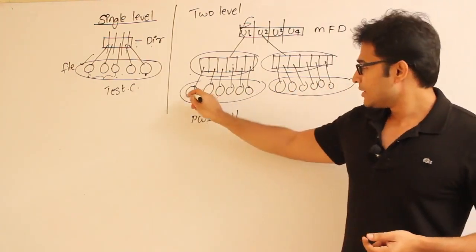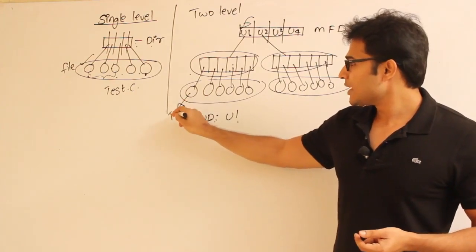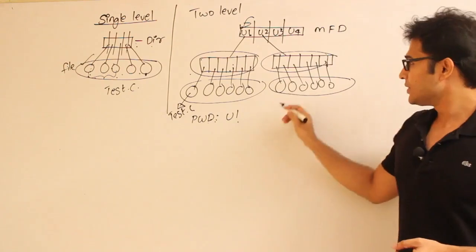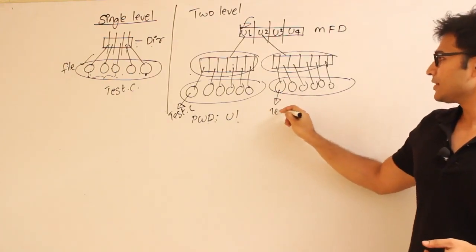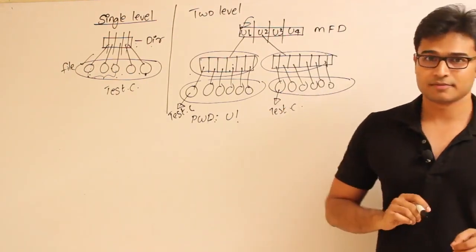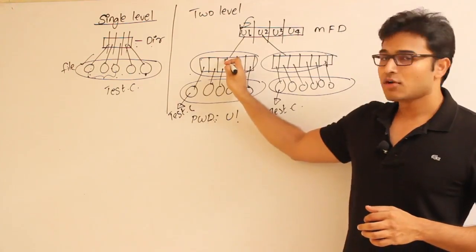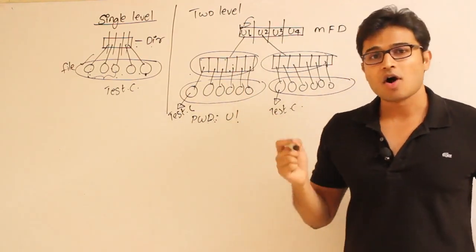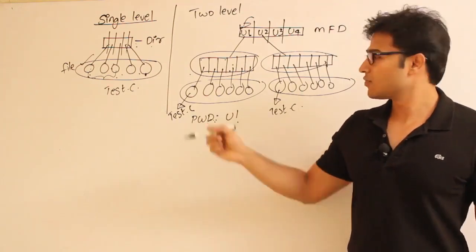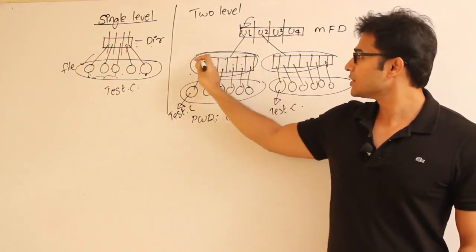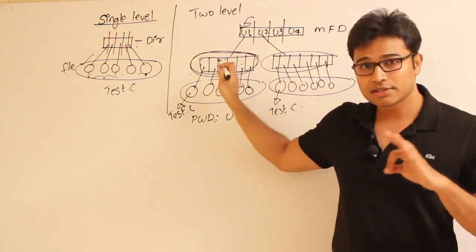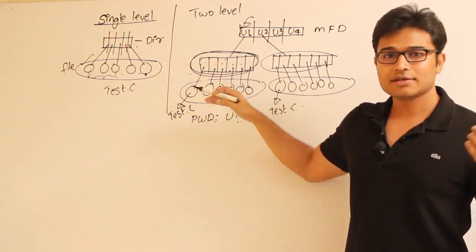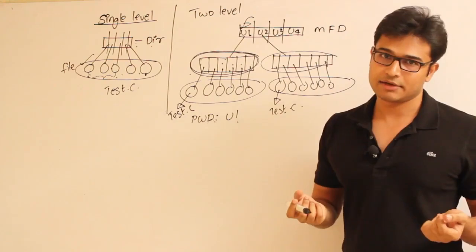In a sense, there can be a file called test.c. At the same time, the other user can also have the file test.c without any confusion, because when user 1 logs in and tries to use the name test.c, the operating system will start searching from his present working directory, which starts at this point, and later in multi-level directories you can change the present working directory, right?